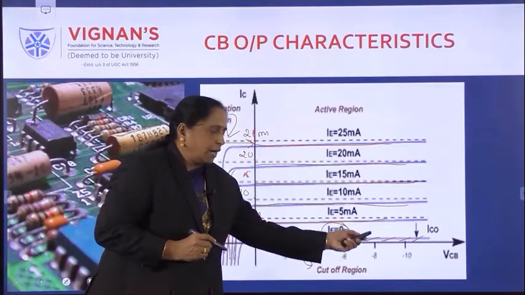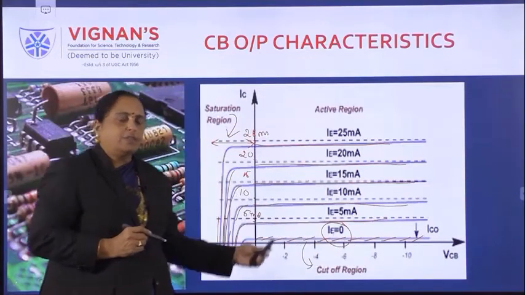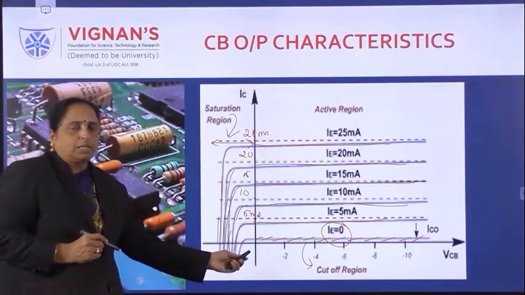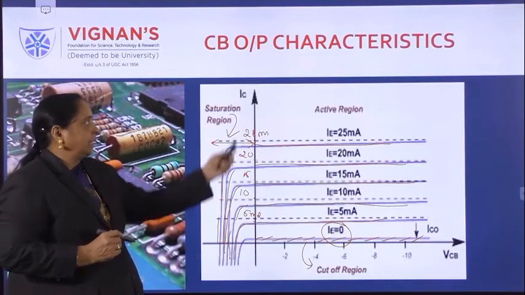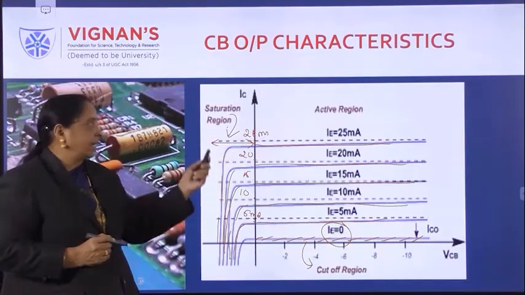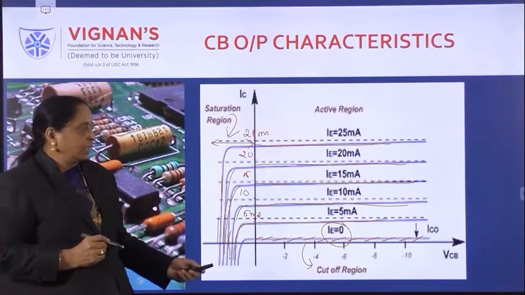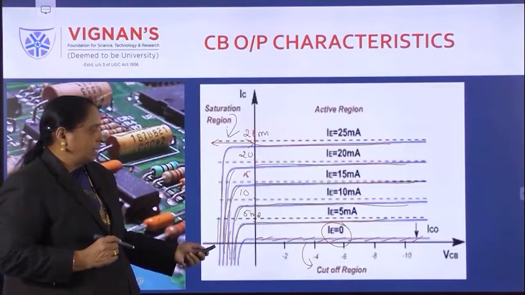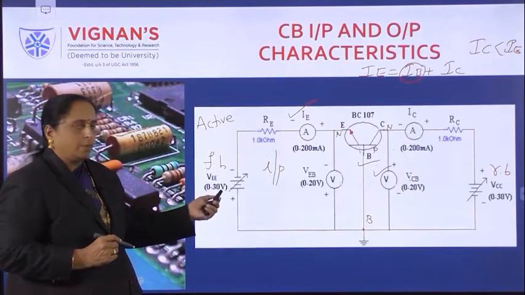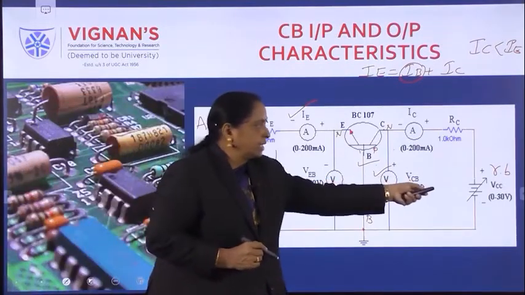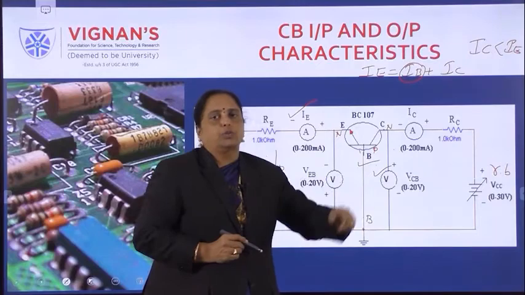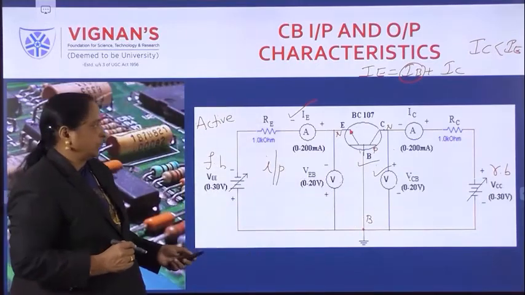Already VCB is negative, and negative of negative will become positive. So the positive VCB and the collector current here, this is known as the saturation region, because the emitter junction is already under forward bias condition and you are making the collector connection less negative. So we are considering it as positive.